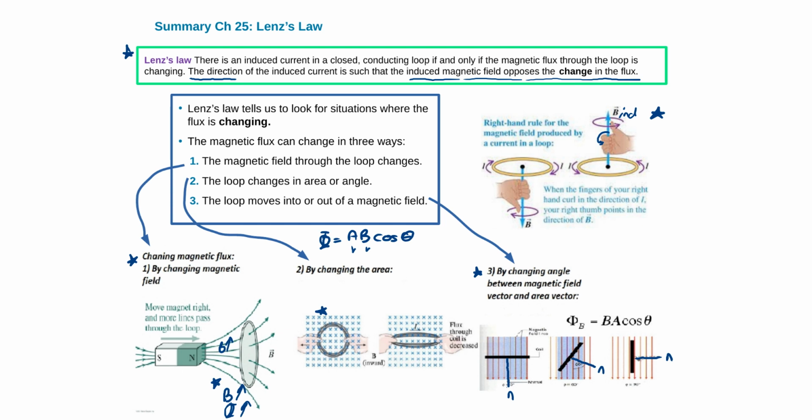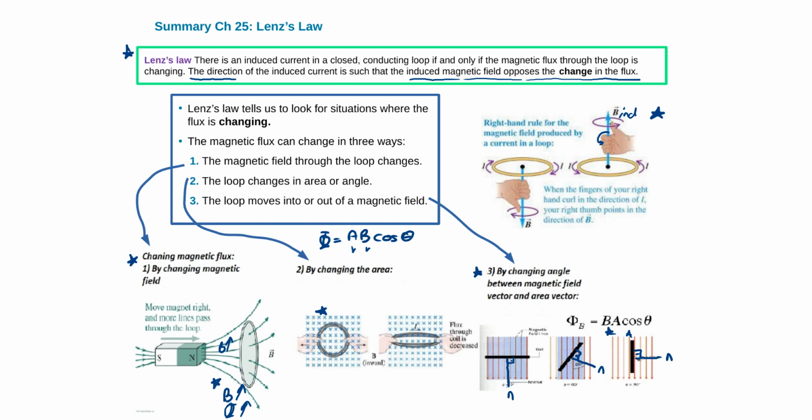In this case, you can imagine this is my area here. The magnetic field is parallel to the area, perpendicular to the normal. Please keep in mind that it's a very common mistake to take the angle of the area instead of the normal. The angle we are interested in is between the normal and the magnetic field. And the normal is always perpendicular to the surface area.